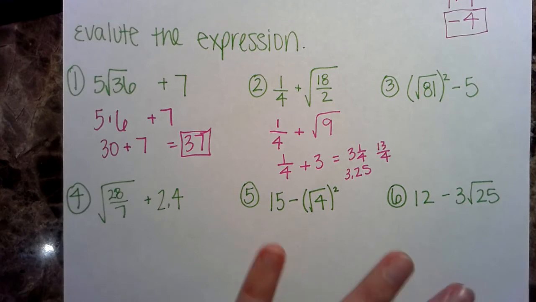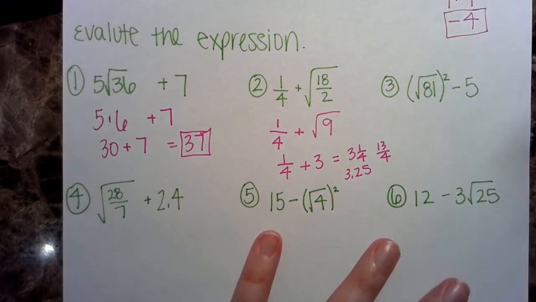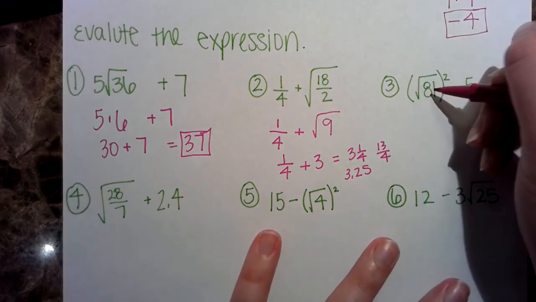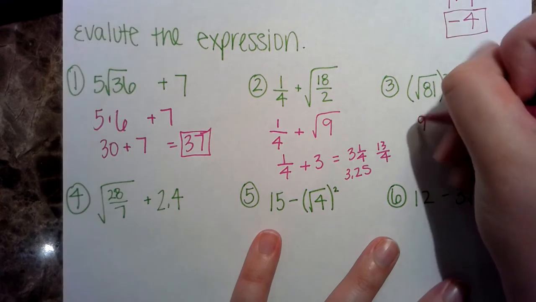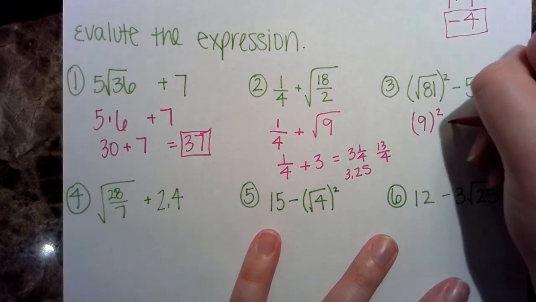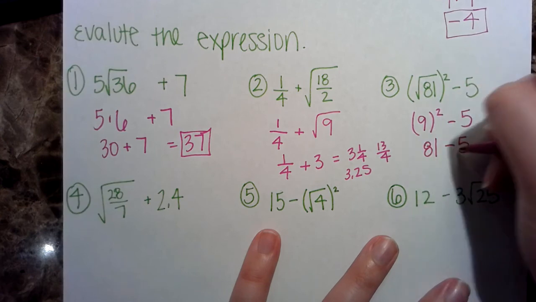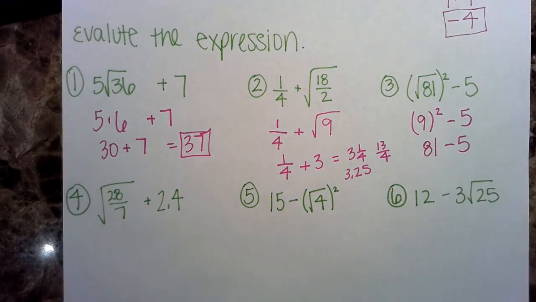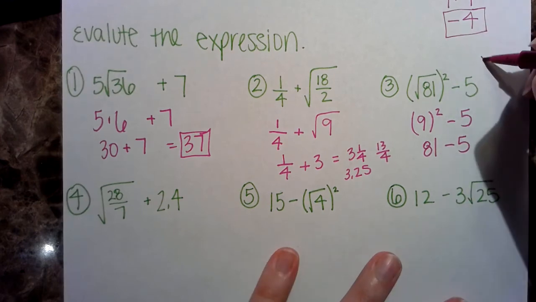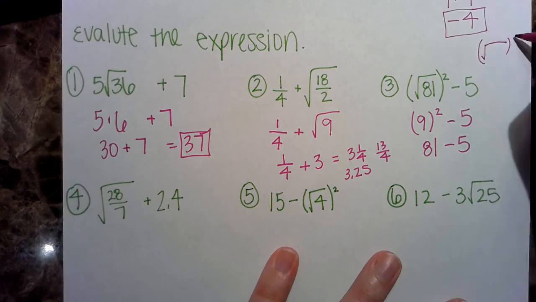Now, with this one, what's going to happen is that I'm going to take the square root of 81, so that's 9. And I have squared minus 5. 9 squared is 81 minus 5. You're going to notice that when I took the square root, if you have this and you have a square root, it actually just cancels out the square root and the squared symbol.